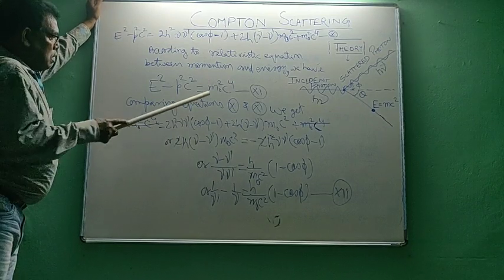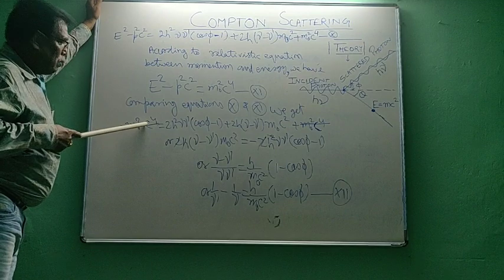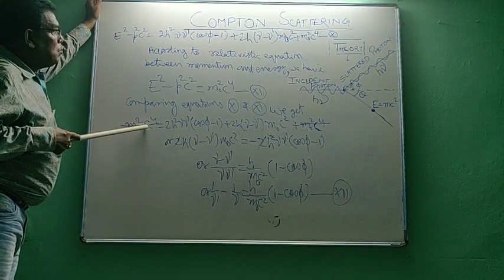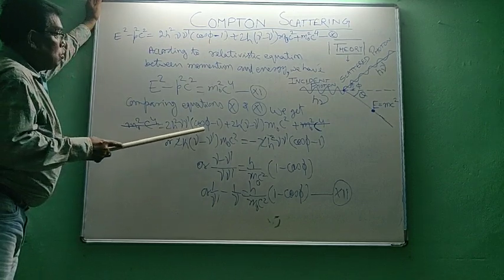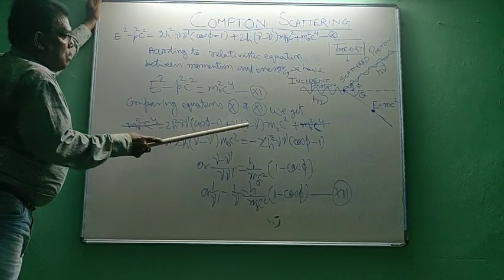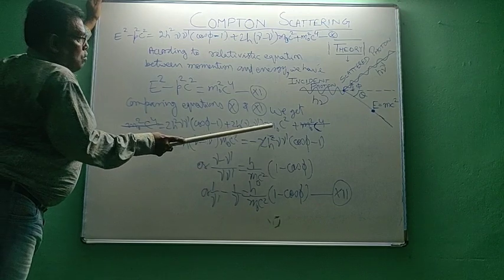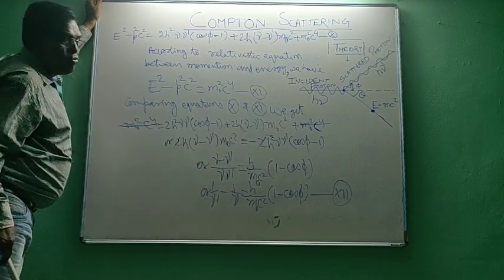Therefore, m naught square c4 equals 2 h square nu nu dash cos phi minus 1, plus 2 h nu minus nu dash m naught c square, plus m naught square c4.